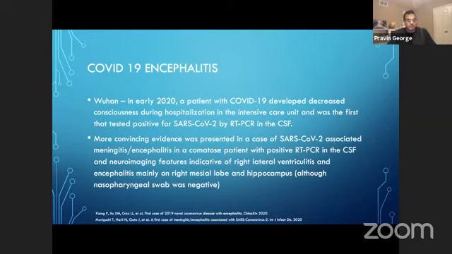It's not 100% sure whether the virus doesn't live in the CSF, or it binds so quickly to neuronal tissue that we don't find it as quickly. Or perhaps we're doing the wrong PCR test for this kind of virus, although that seems a little bit less likely.